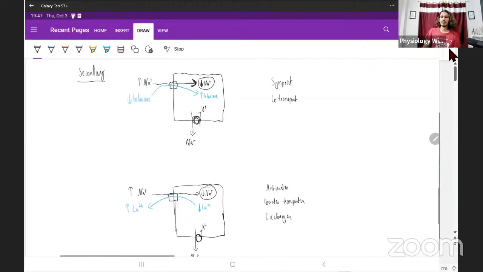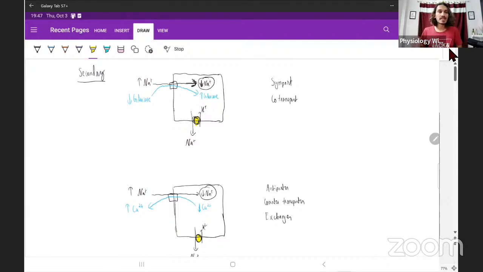So there are different names that you'll come across. So secondary active transport, I hope you're understanding what it is. It is utilizing the energy of something else to create a gradient for it to go either in the same direction or in the opposite direction. But it's always going to be against the concentration gradient. So that is secondary active transport.